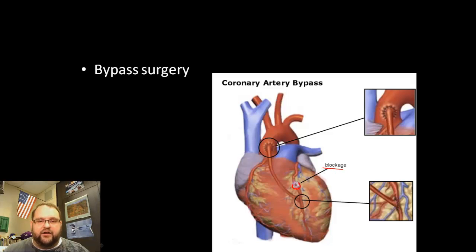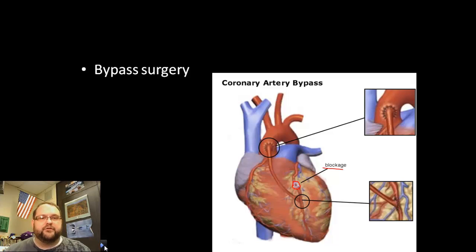We can put a bypass in, which will redirect the flow of blood around the blockage to the area of the heart, so that this area of the heart is not blocked off. That's bypass surgery. They'll take veins from different parts of your body, or they'll take other animal component veins, and do a coronary artery bypass. If you've heard of somebody that's had that happen, it's pretty invasive. They have to cut through the ribs in order to get to the heart.